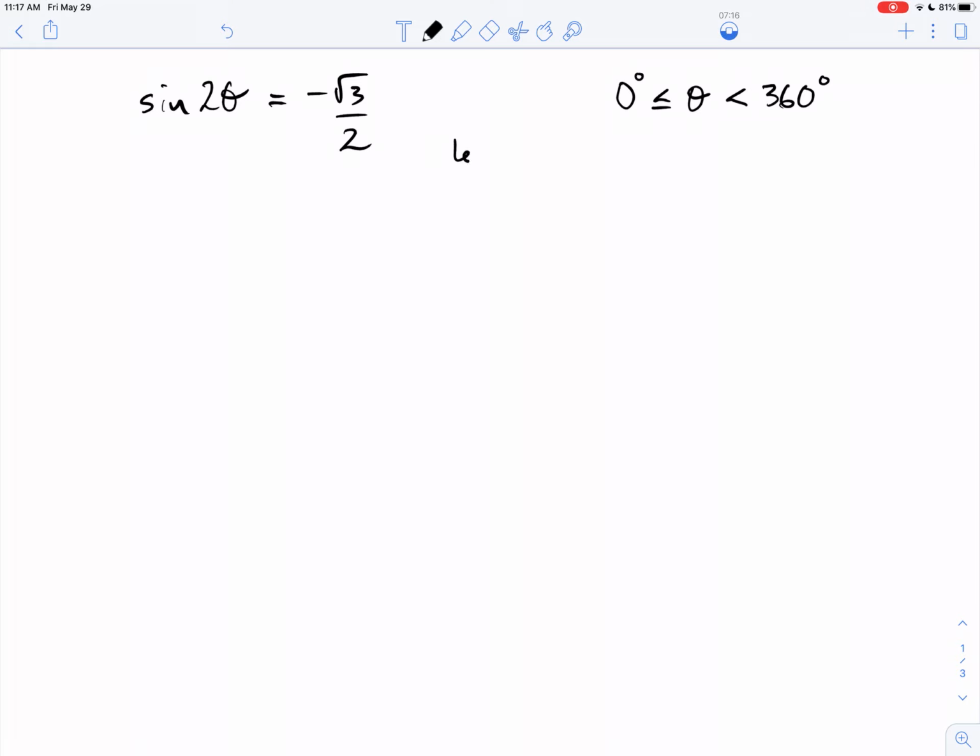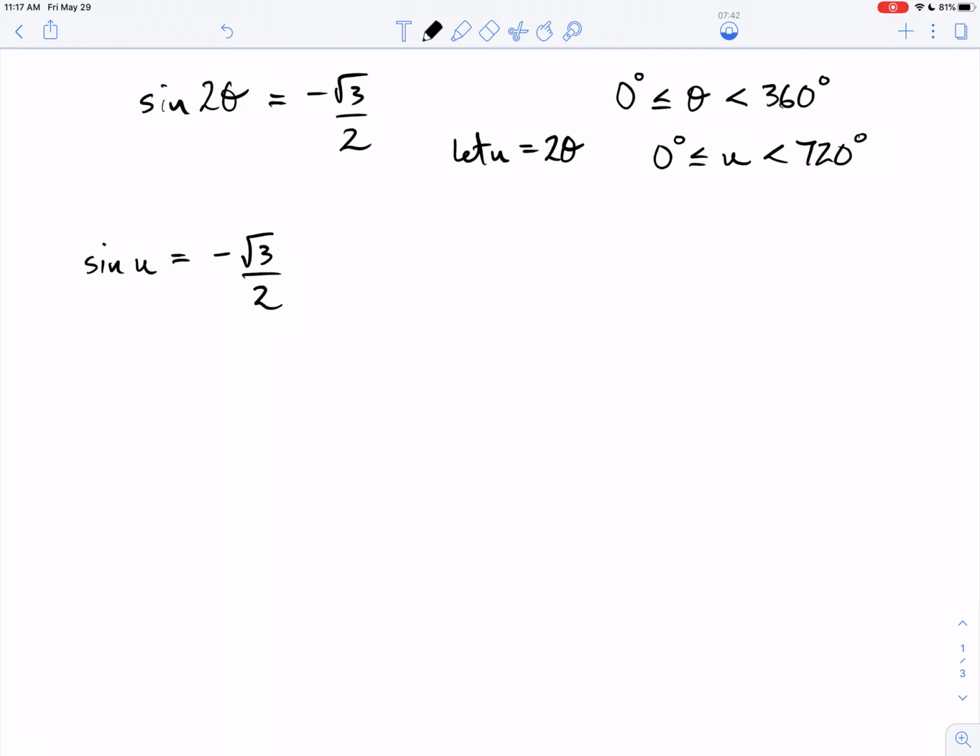I'm going to say let u equal to theta. And then that means u would be between 0 and double it, 720 degrees. So I'm going to rewrite my statement as the sine of u equals negative root 3 over 2.